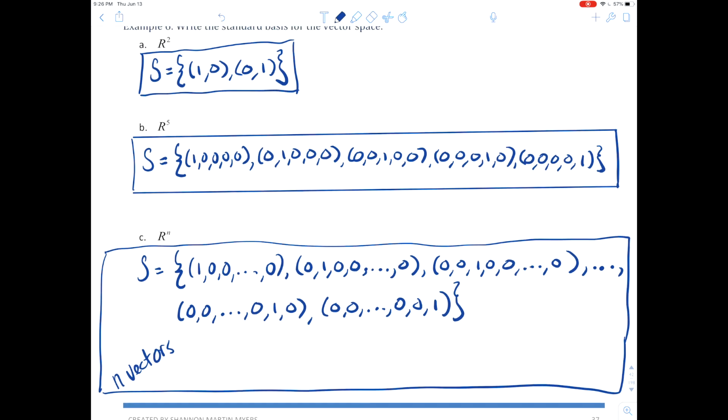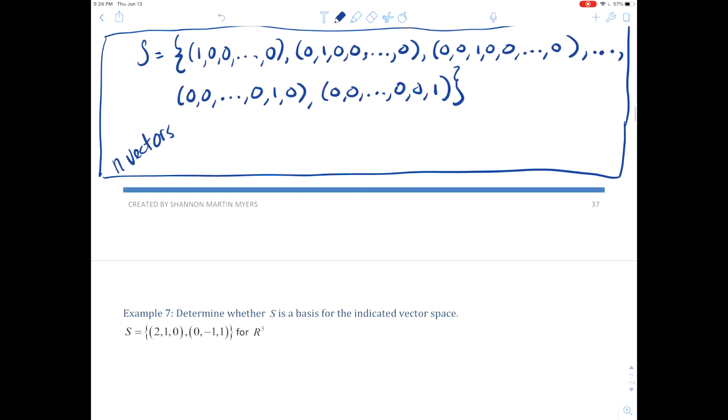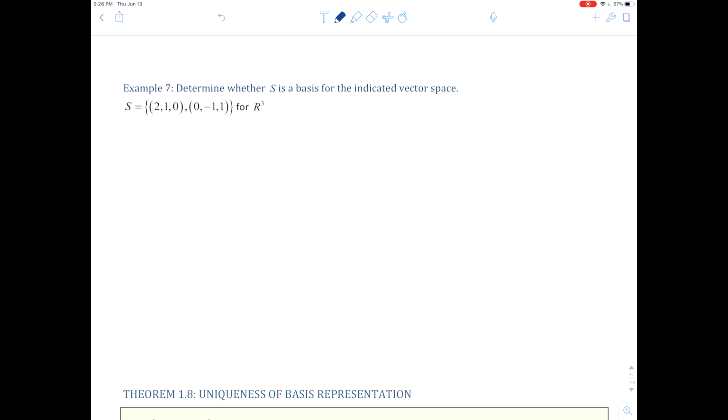That works for Rn, but not for every other vector space. Well, this is the space R3, and we only have 2 vectors, so I don't think it's going to span. I think it might be linearly independent, but I don't think it'll span.